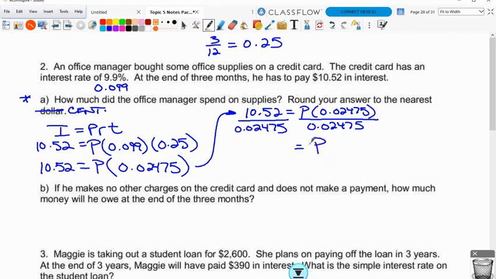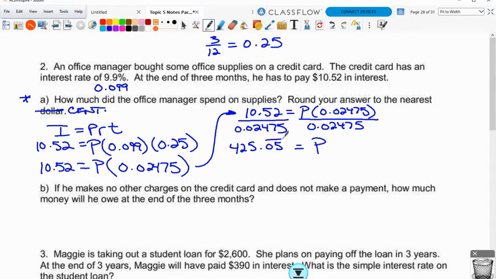On the left-hand side, if you type in 10 and 52 hundredths, divided by 0.02475, you're going to get 425 and 5 hundredths repeating. It goes 0.50505 on your calculator.